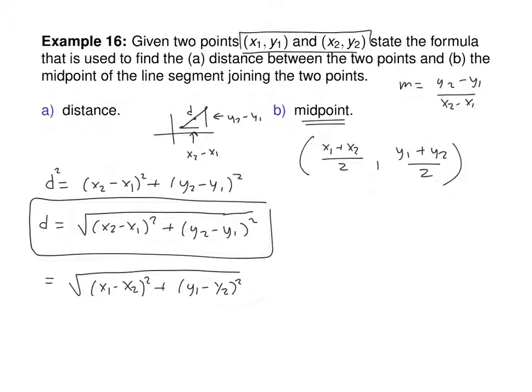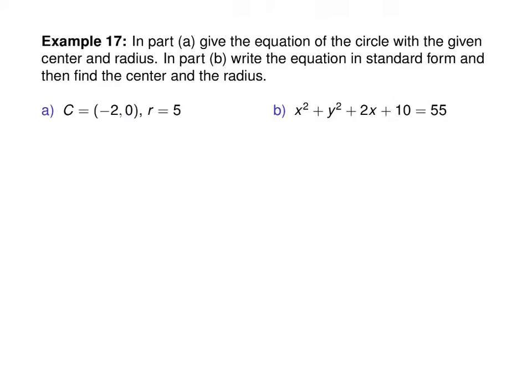Okay, circles, yay. So circles are all of the points that are a fixed distance from a center, right? Now the equation for a general circle was x minus h squared plus y minus k squared equals r squared. That came from that distance formula thing.